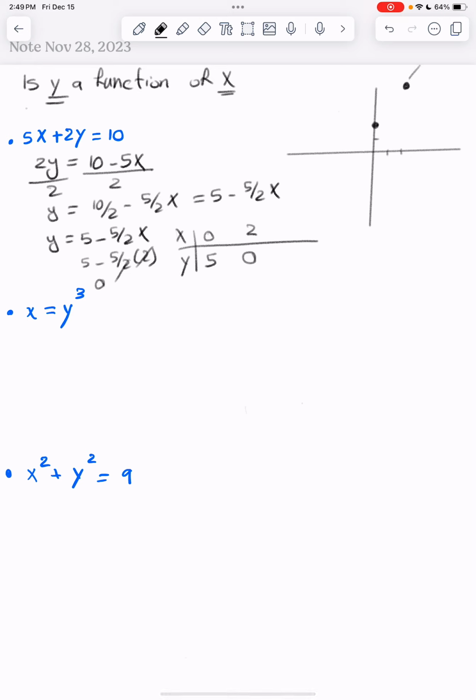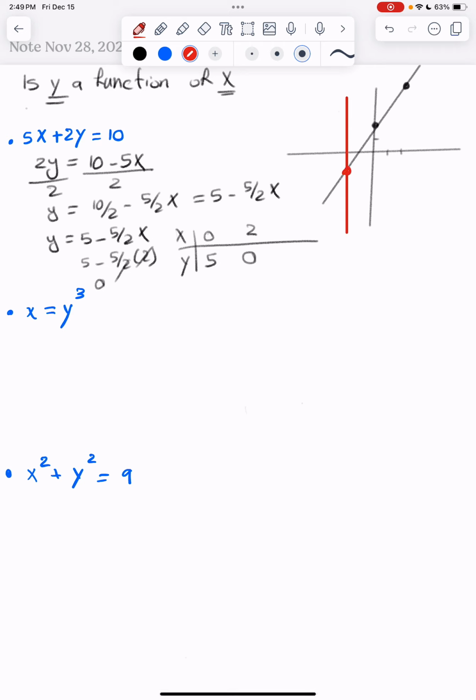So this will be a line passing through the 2 points. And if I run my vertical line test, let's do that with another color, I'll see that it only crosses the function in 1 point. So this is a function. The answer is yes, y is a function of x.